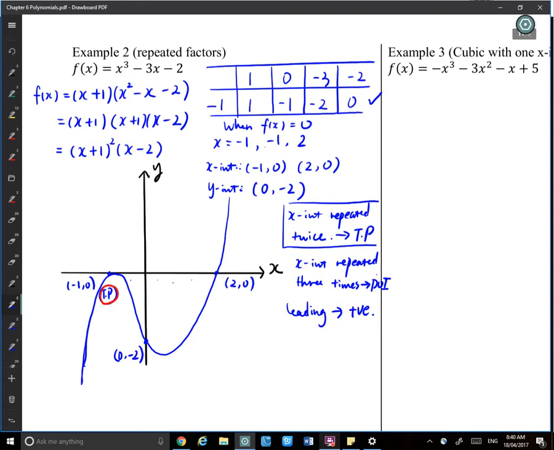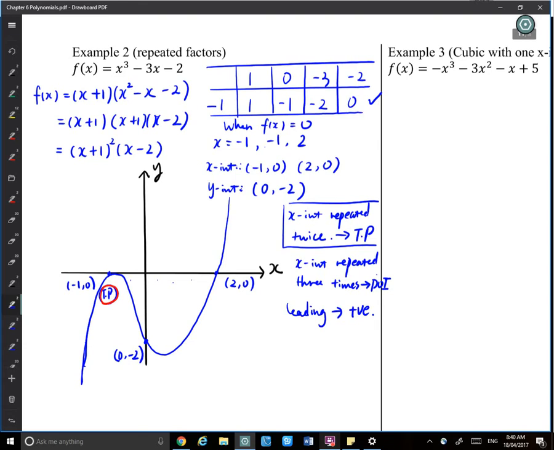So 4 numbers to try. We try minus 1 and it gives me 0. So I'll have x plus 1 times x squared minus x minus 2, and I can further factorize this quadratic. So we can see we have 2 repeated terms.